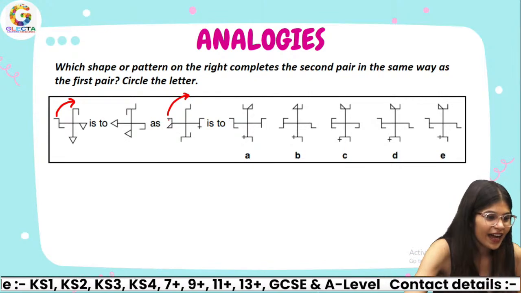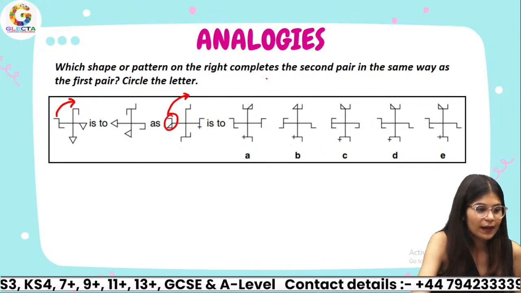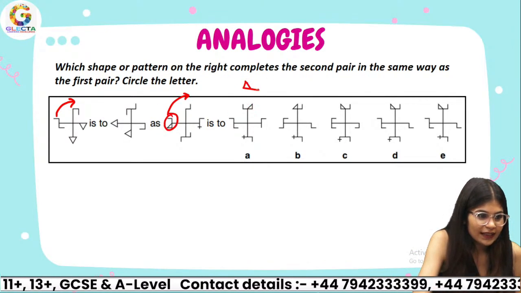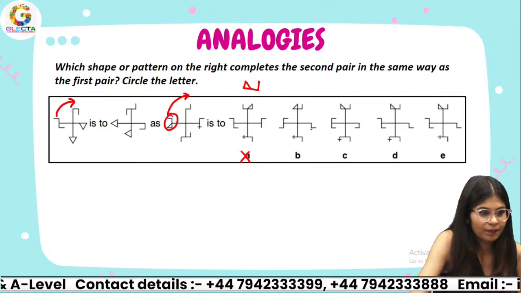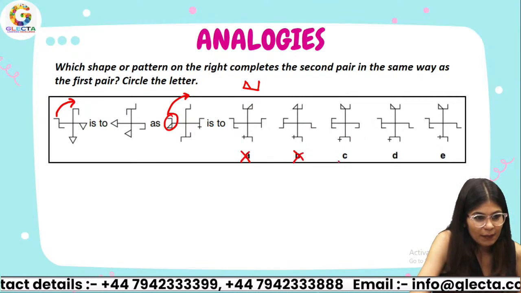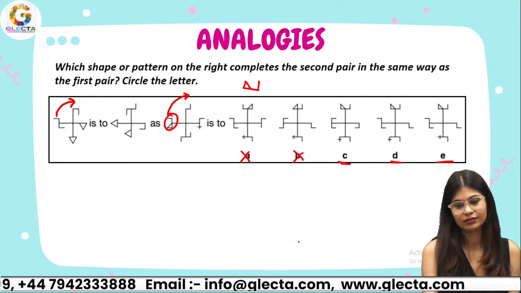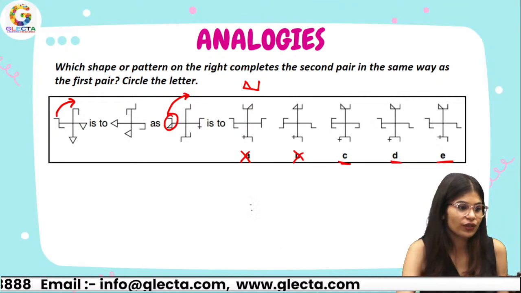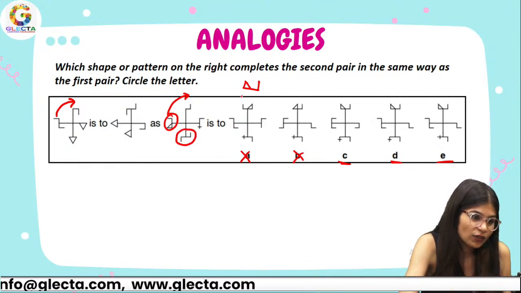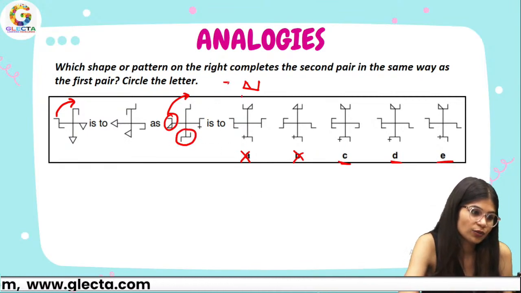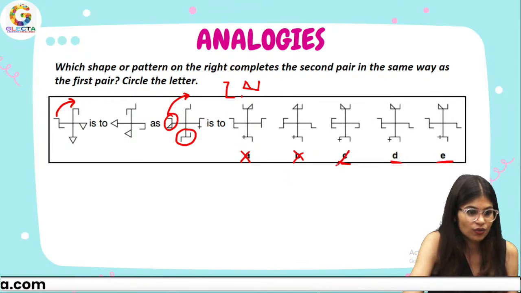Okay, let's see. I have to have this on the top, but if I rotate it, it would be like this. It can't be A. It can't be B. It can be C, D, and E. Then out of C, D, and E, which one do you think it would be? This thing would get on the left hand side, and it would be like this. This is wrong.